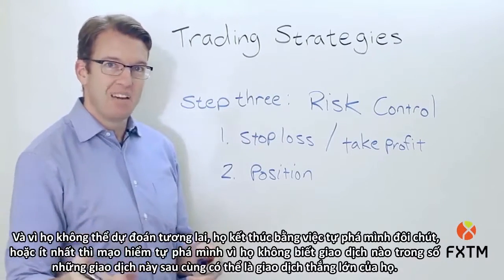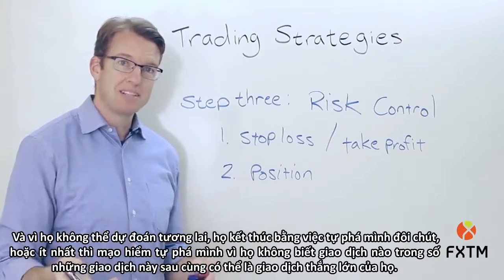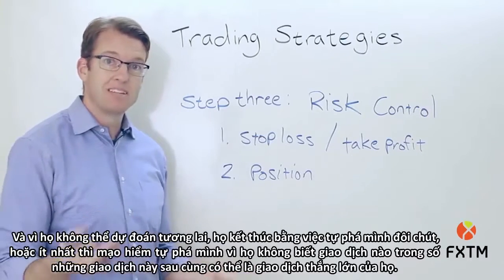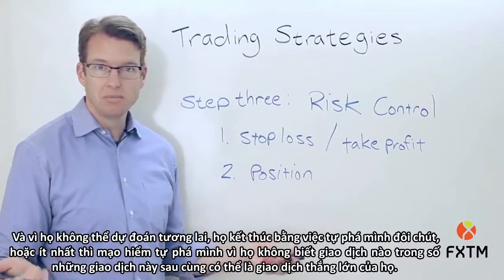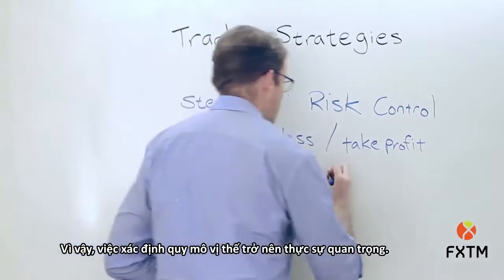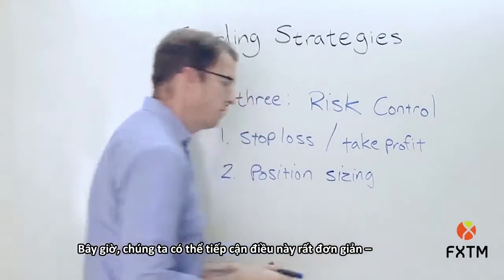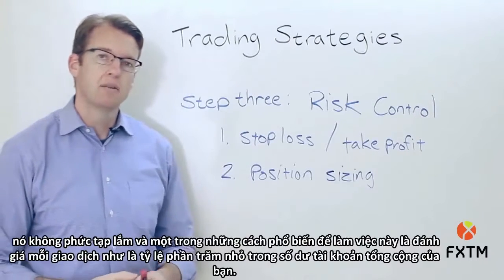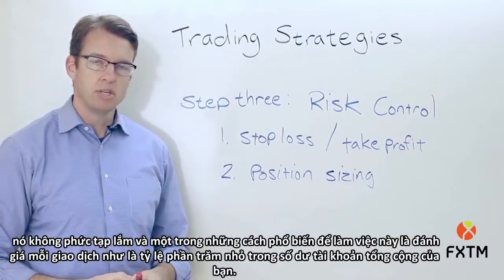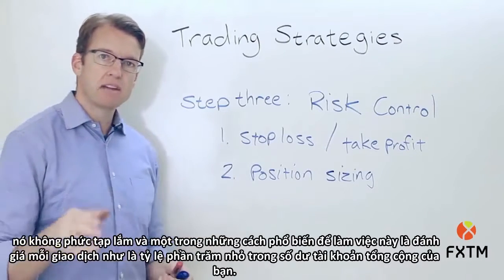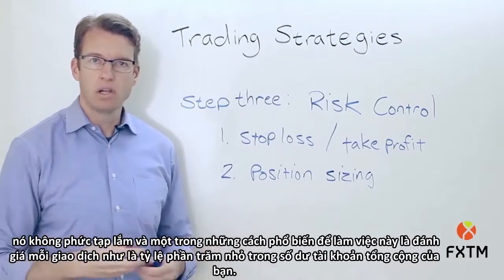And since they can't predict the future, they wind up sabotaging themselves a little bit, or at least risking sabotaging themselves, because they don't know which of those two trades ultimately could be their big winner. So position sizing becomes really key. Now, we can approach this very simply. It's not very complicated, and one of the common ways to do this is by evaluating each trade as a fractional percentage of your overall account equity.